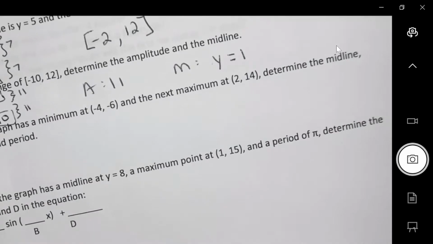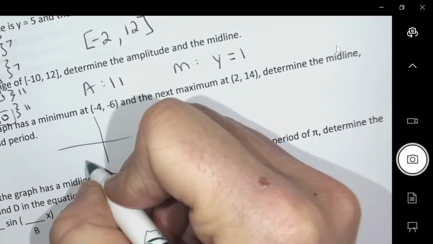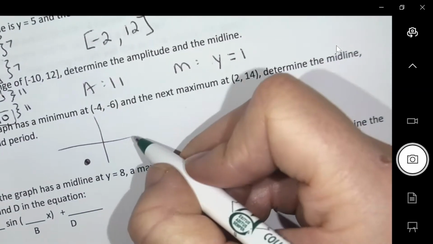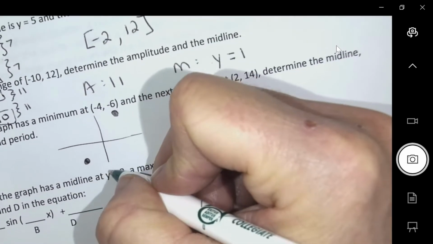Okay, this time I gave you a minimum and a maximum. So -6 is a minimum, and then 14 is a maximum.